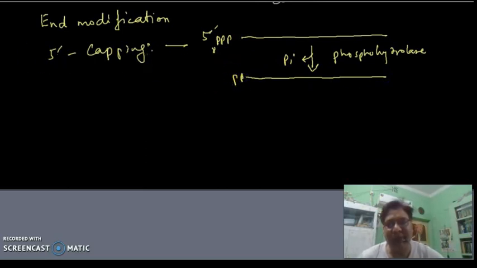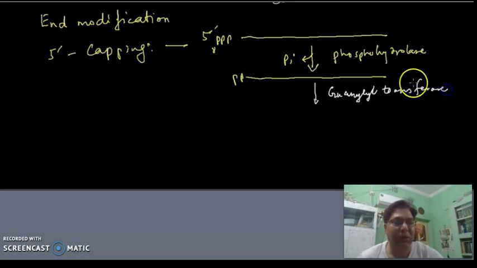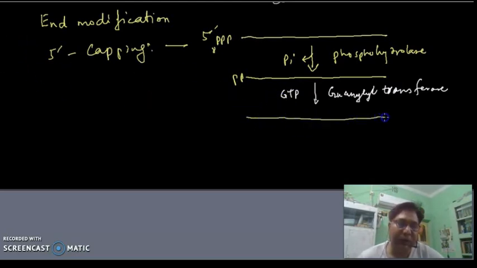And in the meantime, another enzyme called guanylyl transferase introduces a guanine residue from GTP at this position, and now the RNA looks like it has a guanine monophosphate over here, and this is the 5' end, of course.